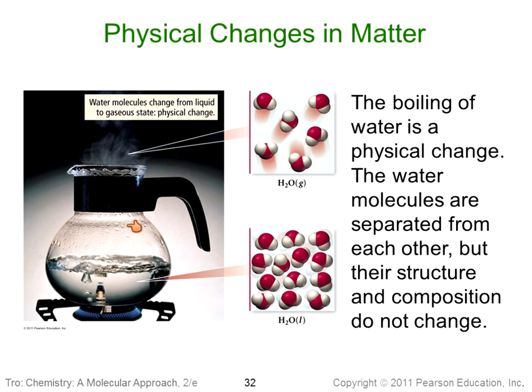So here's an example of a physical change where we are boiling water. If you look at water in the liquid state versus in the gas state, the only difference is that they become more separated, don't they? But you still have water molecules in both states. The composition doesn't change for a physical change.